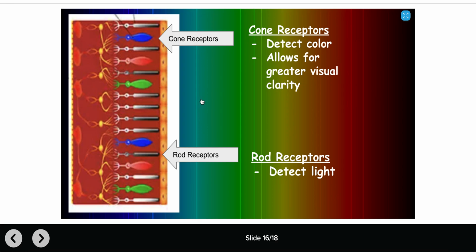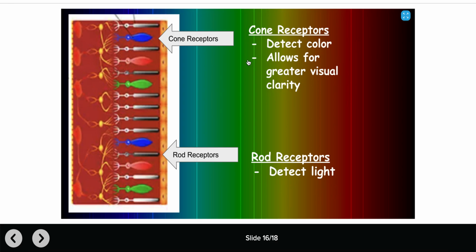Okay, and so going in a little bit more depth about these photoreceptors, the cones have 2 very important jobs. One, they detect color, as we were already discussing, and two, they allow for a greater visual acuity. Without these, you're not going to be able to focus on very fine detailed things, like anything in a video game that might be a little smaller. Without these cone photoreceptors, you don't see that fine detail of any item in a video game.